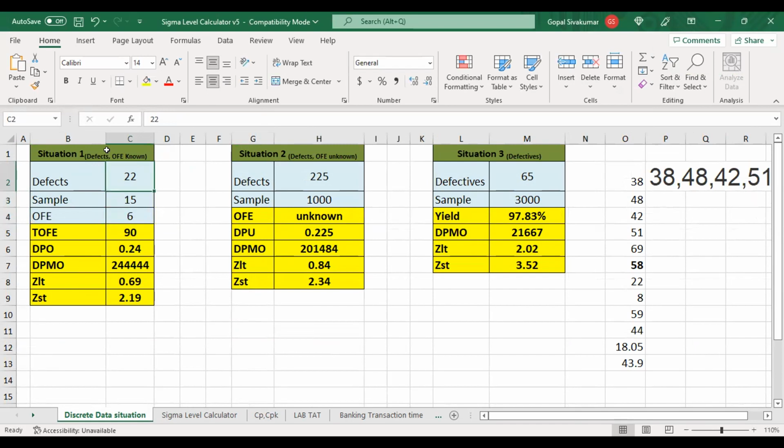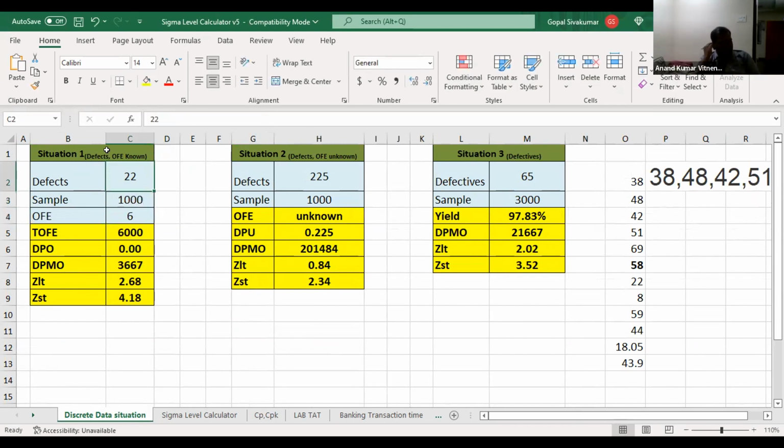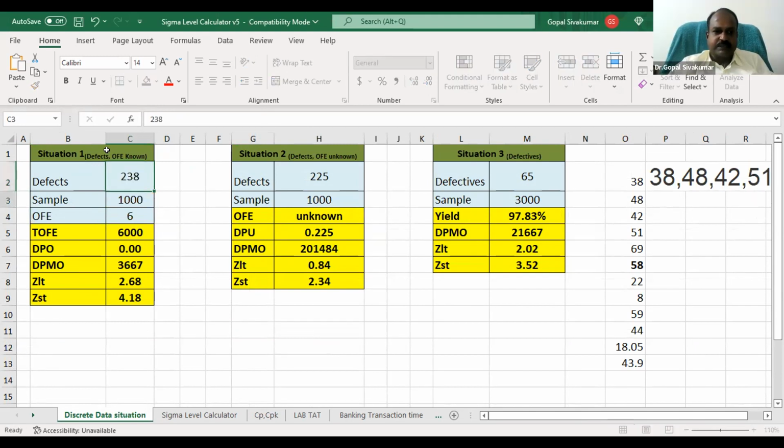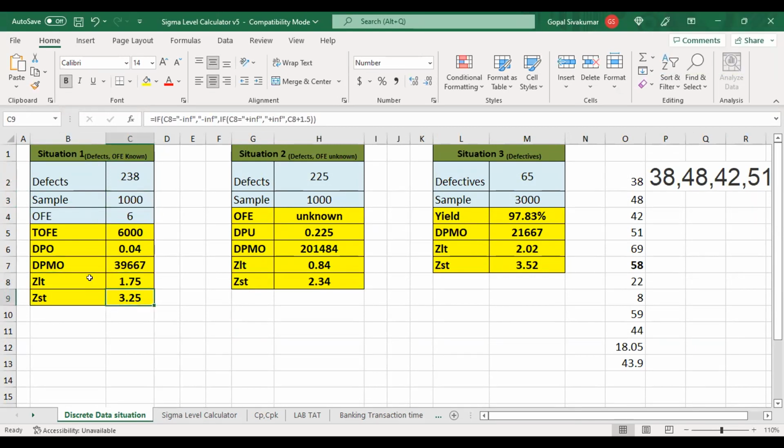Now, how many laptops are inspected? 1,000. And how many defects are observed? 238. Type all these things. Now tell me what is the ZLT and what is the ZST? ZLT is 1.75, ZST is 3.25. The question is about ZST only, right?